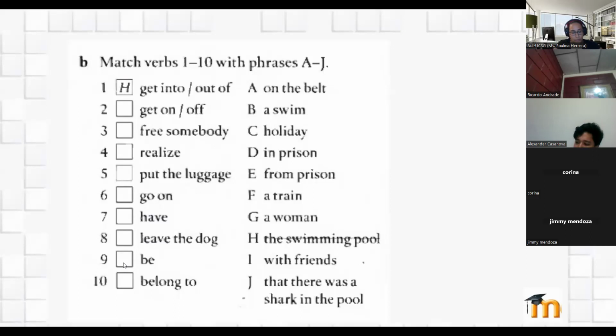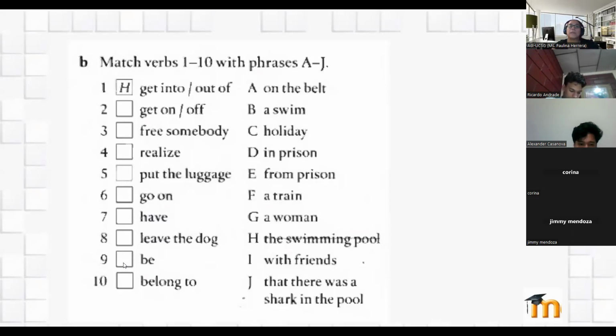Number 4, Marianne. Number 5, Kevin. Number 6, Wendy. Number 7, Elizabeth. Number 8 will be Mayerly. Number 9, Dante. And number 10, Ingrid.